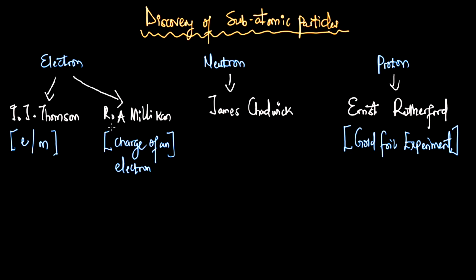Robert A. Millikan also performed the oil drop experiment and was able to determine the charge of an electron. The neutron was discovered by James Chadwick, and the proton was discovered by Ernest Rutherford in his gold foil experiment.